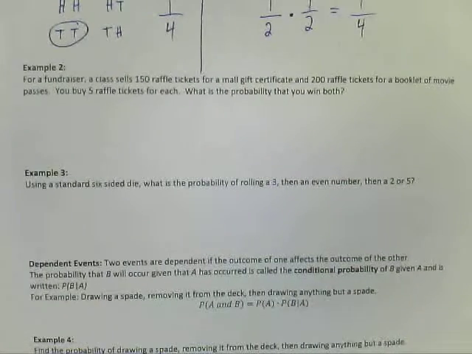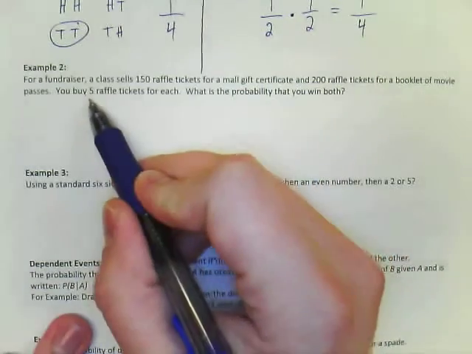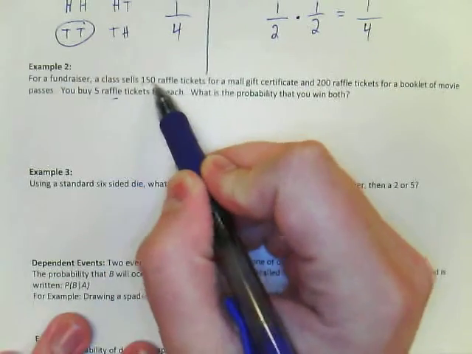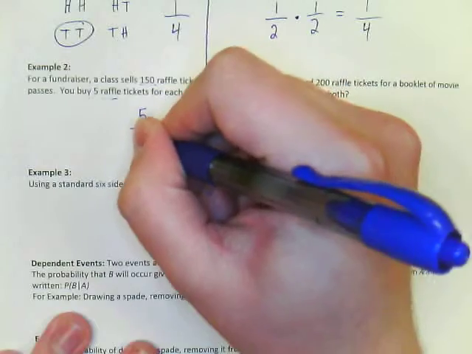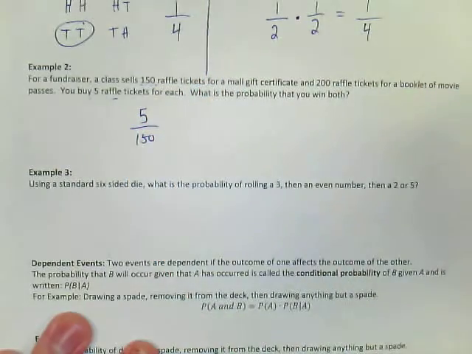Example 2. For a fundraiser, a class sells 150 raffle tickets for a mall gift certificate and 200 raffle tickets for a booklet of movie passes. Say that you buy 5 of each. What's the probability that you're going to win both raffles? Let's take each one individually first. You bought 5 tickets for each, and the first one has 150 tickets, so the probability of you winning is 5 out of 150.